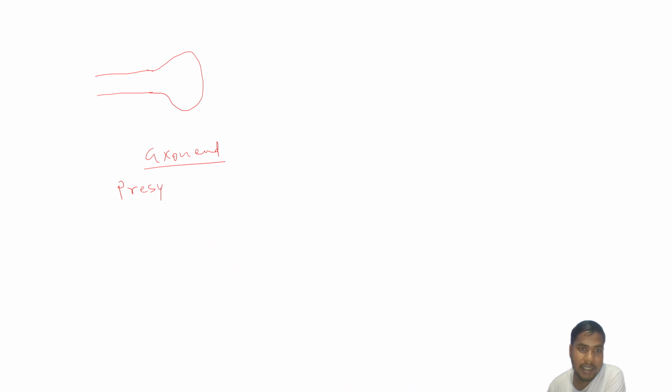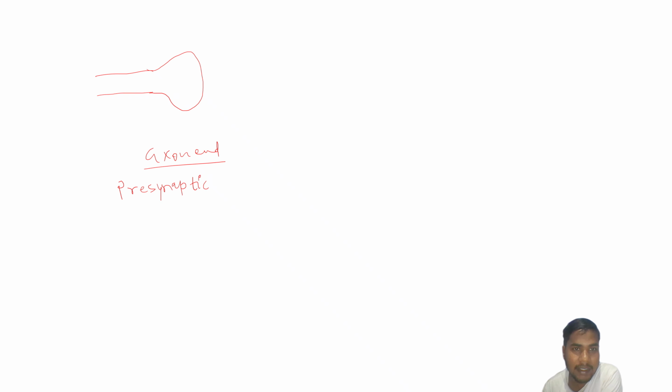So the membrane potential has now changed, that is, the nerve impulse is now reaching from the dendrites to the cell body and to the axon end. This is the axon end, the axon knob of the presynaptic neuron. Why is it called presynaptic? Let me be clear with this.